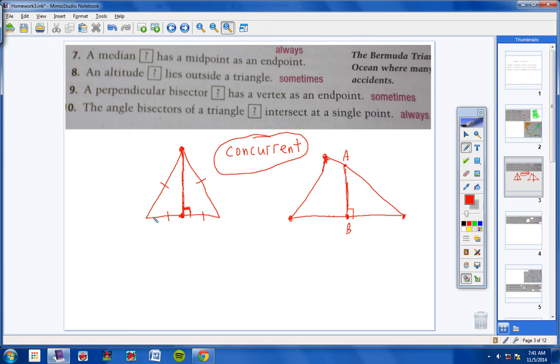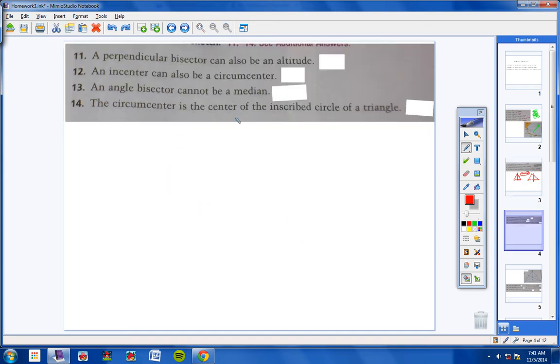In other words, this segment here is congruent to the segment here. And not only does it hit the midpoint, it's perpendicular. Okay? So, is it possible that a perpendicular bisector can also be an altitude? Yes, definitely.